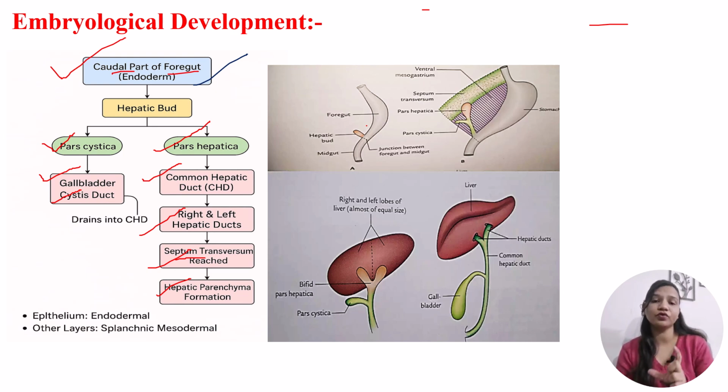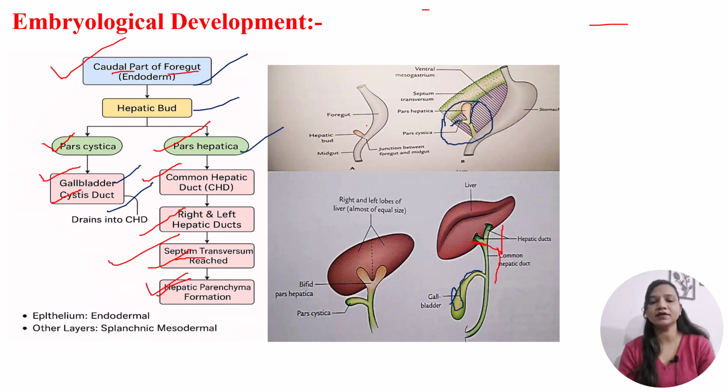From that lower part develops a bud called the hepatic bud, which develops into two parts: pars cystica and pars hepatica. From pars cystica, gallbladder and cystic duct develop, and from pars hepatica the remaining structures develop, which include right and left hepatic duct, common hepatic duct, septum transversum and hepatic parenchyma.